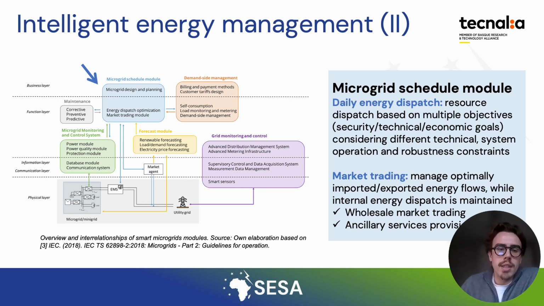And then we can find, in a closer to real-time operation framework, the market trading functionality, which aims to optimally manage the imported and exported energy from the microgrid with respect to the wholesale or ancillary service market.